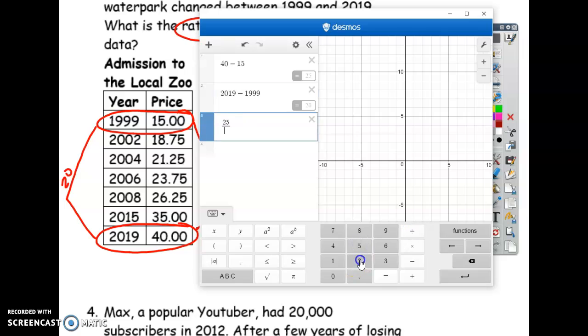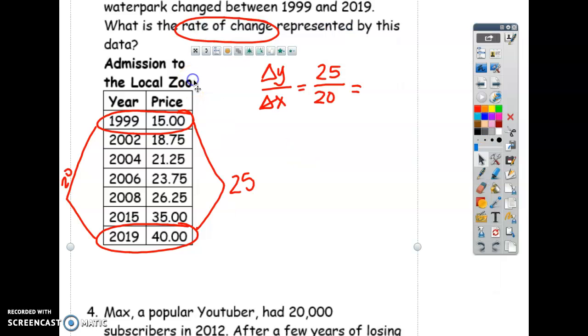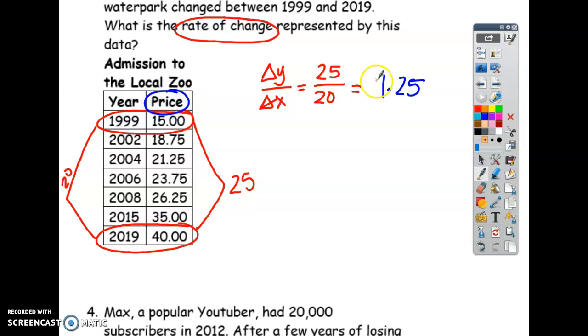$25 divided by 20 is 1.25. 1.25 what? It makes no sense until you add what's happening in the story. So it's 1.25. Y goes first, so it's the price, money.